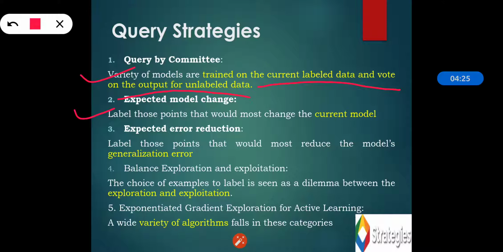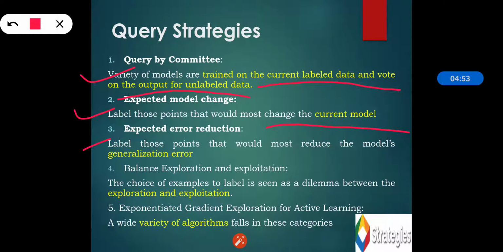Then the next is expected model change. Label those points that would most change the current model. So in this, we have to label the points which can change the current model. Then the next one is expected error reduction. Label those points that would reduce the model's generalization error, and label the points that would minimize the output variance, which is one of the components of error.